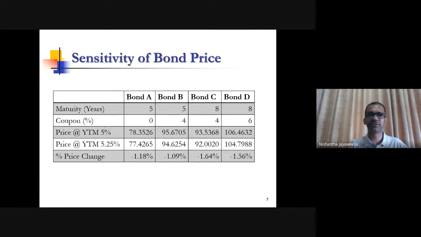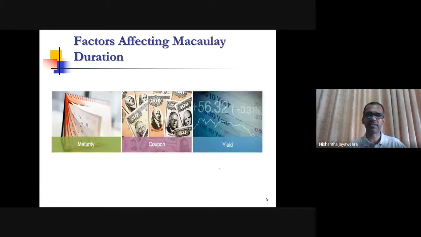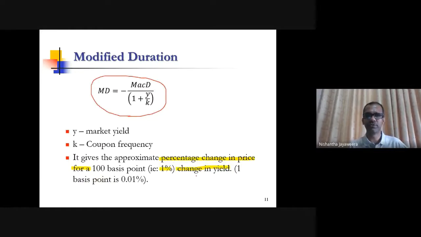But if we change the interest rate from 5% to 6%, whatever the percentage change figure we get, that would be the modified duration. At 6%, what is the price and what is the price change? That would be the modified duration. For a 1% change in interest rate, what is the percentage change in price? That is measured through modified duration.